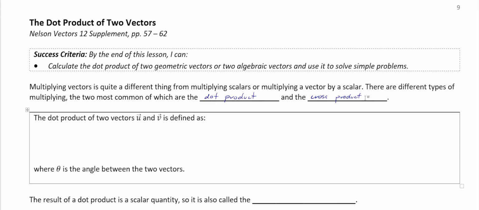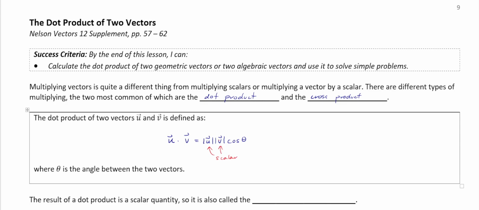The dot product of two vectors is defined as u dot v is equal to the magnitude of u times the magnitude of v cos theta. Okay, and you'll see right here, well, this right there is a scalar quantity.